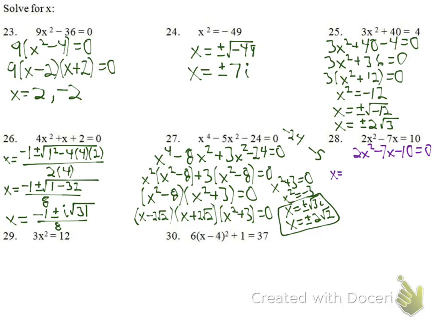So that's x equals negative negative 7 plus or minus the square root of negative 7 squared minus 4 times 2 times negative 10, over 2 times 2.